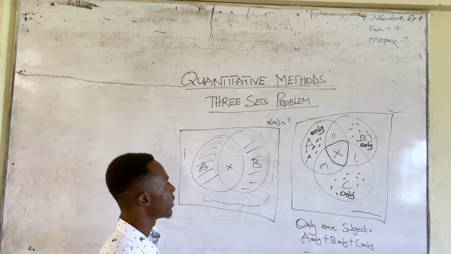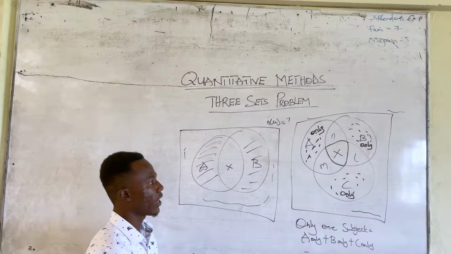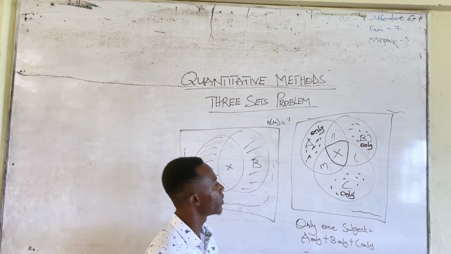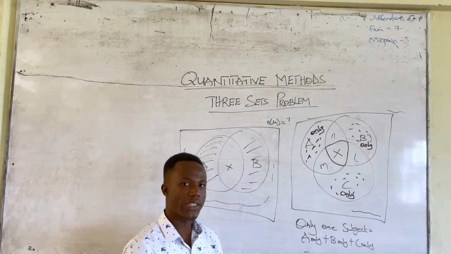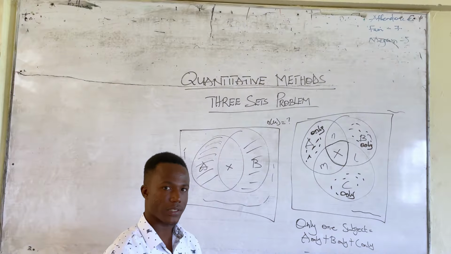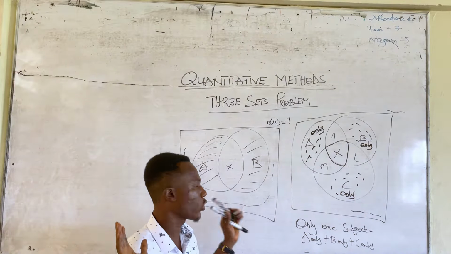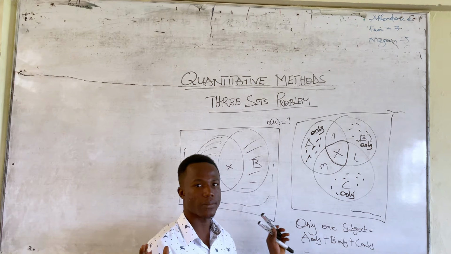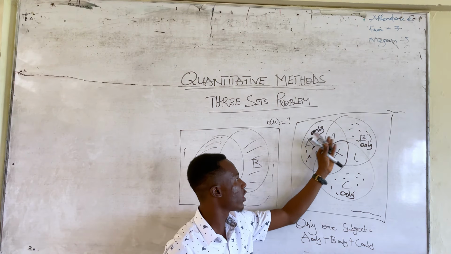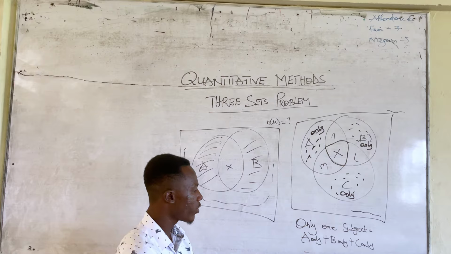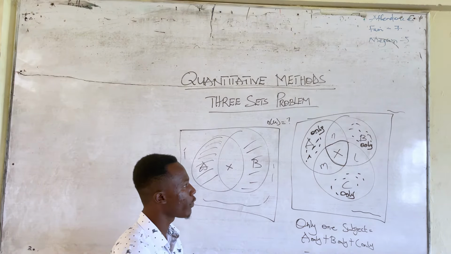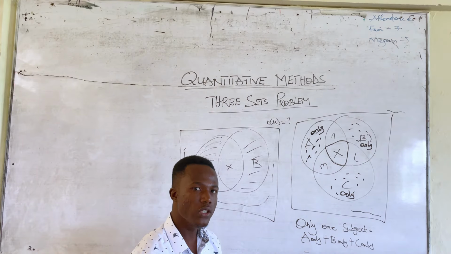Okay, all right. Then let's also look at another question that can appear in the examination: the number of students who studied exactly two subjects. Now we know the number of students who studied exactly one subject, or only one subject, you just add the only. You get it? Now they ask you to calculate the number of students who studied exactly two subjects.